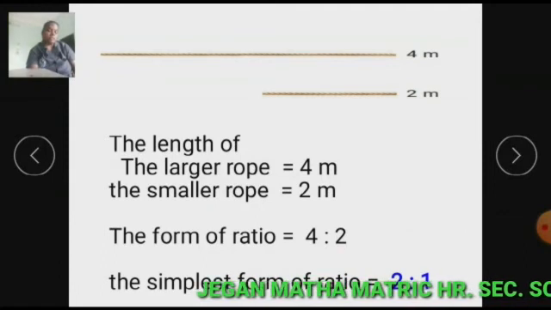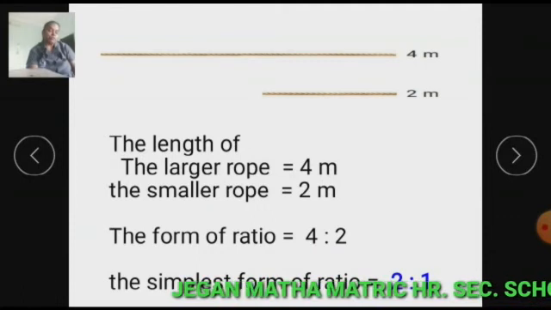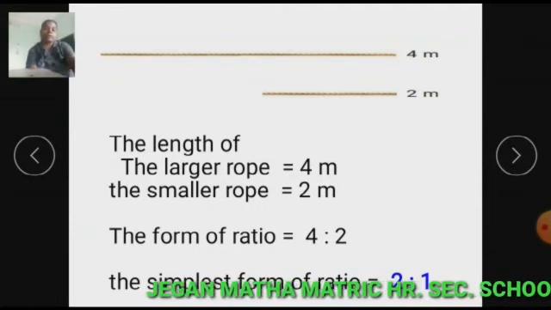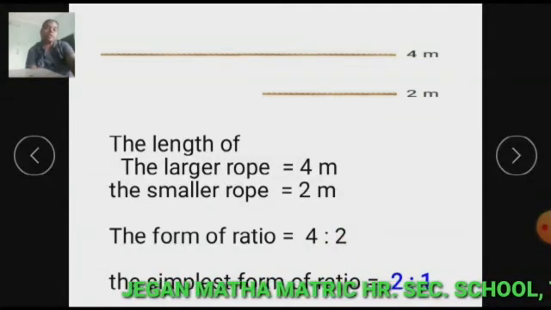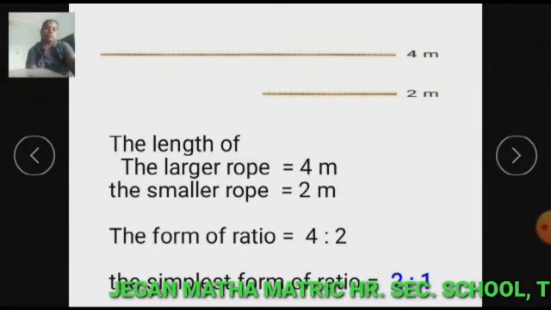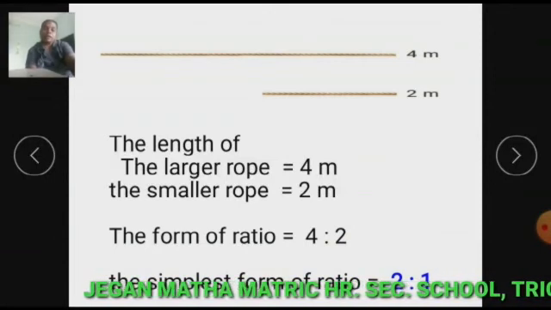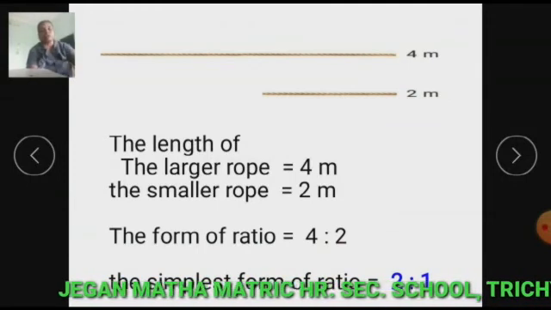And the simplest form of ratio of larger rope to the smaller rope is 2:1. 4:2 is simplified by 2. We get 2:1. 2:1 is the simplest form of ratio.